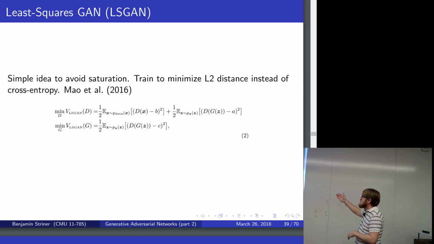In this situation, they changed it to using just an L2 distance. So they're trying to give it a 0 if you're fake and a 1 if you're real, but the loss is the square distance between what you're outputting and what it's supposed to be. It's not a logistic function or anything. It's still nonlinear, but it's not quite as nonlinear as cross-entropy is.